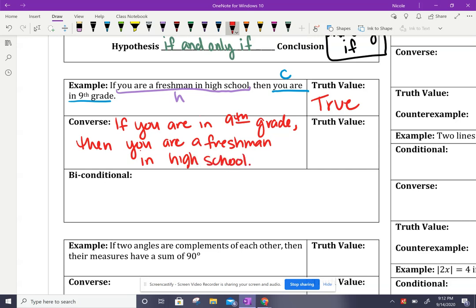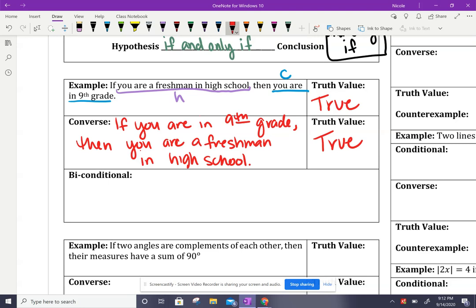So is that also true or false? If you are in 9th grade, then you are also a freshman in high school. That is also true. So since both of these are true, I can write this as a true biconditional.